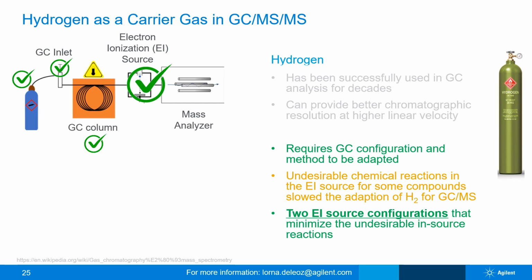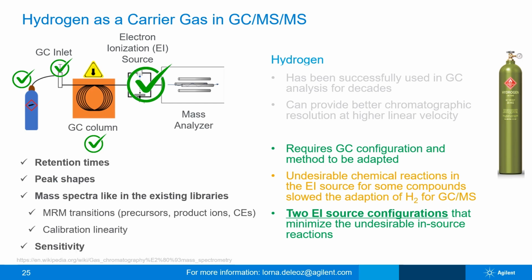So essentially, we need to ensure that there is a reliable source of high-grade hydrogen, optimized GC injection conditions, and an appropriate GC column configuration, and most importantly, select the proper EI source.